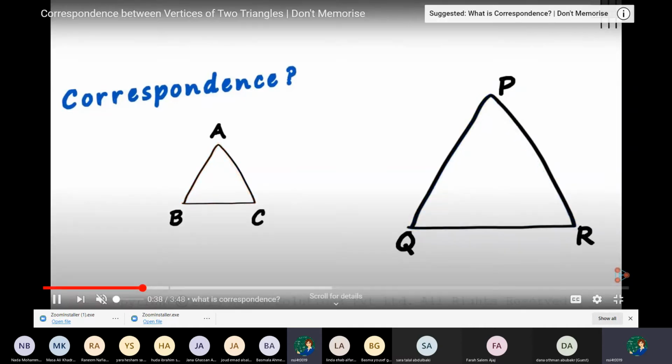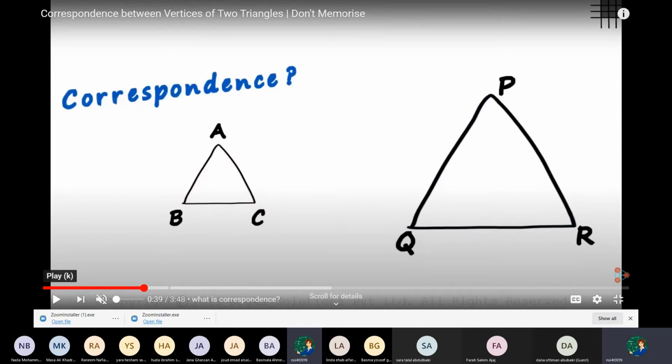That means if you want to write the letters, you will say A, B, C. You will not say it randomly. Because we start with A, B, C counterclockwise, I will say also P, Q, R counterclockwise. Later on, I will show you how.